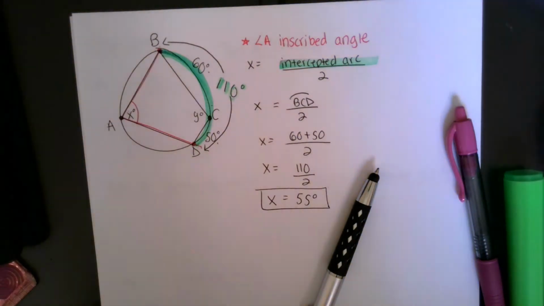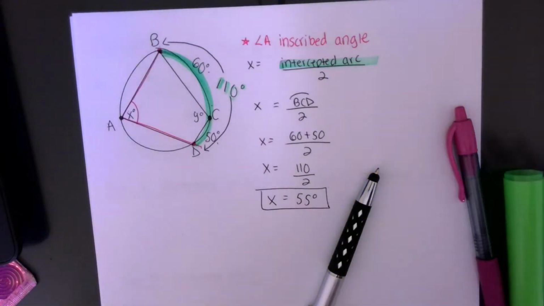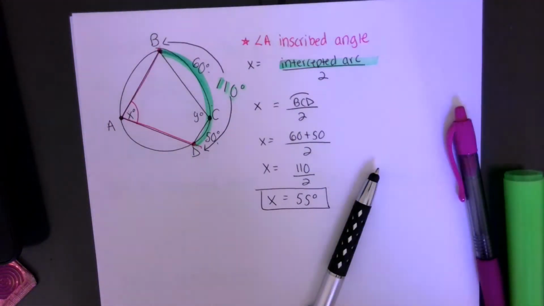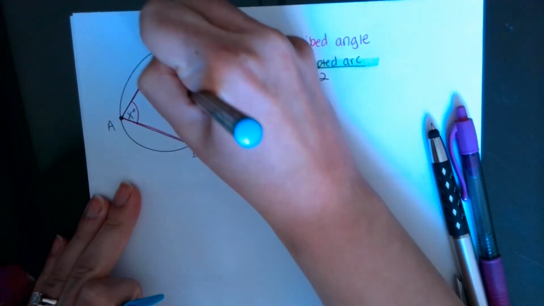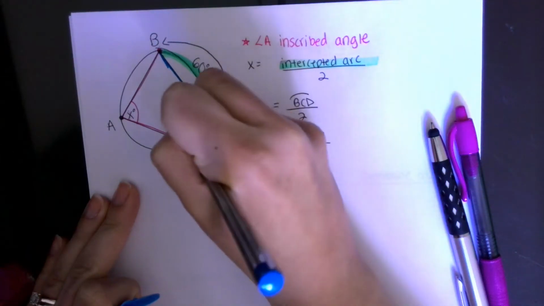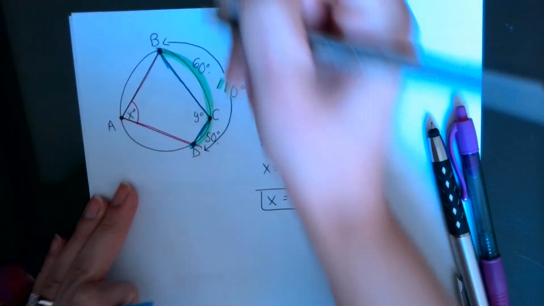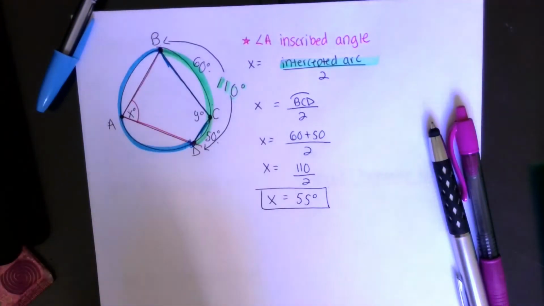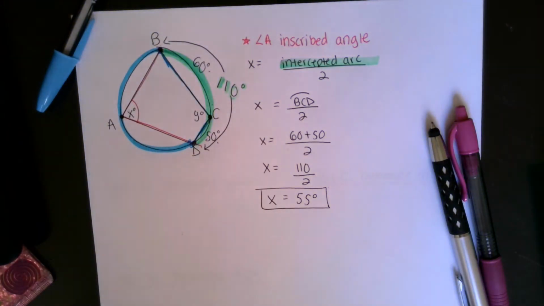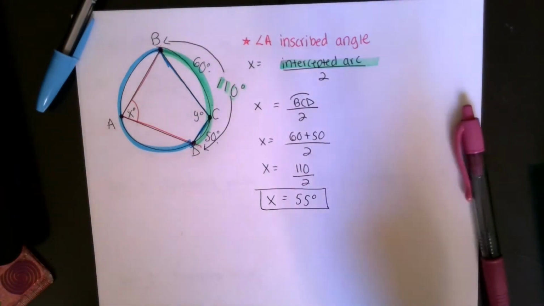Let me use a different color. For angle C, which has Y, the intercepted arc goes from B all the way to D. A whole circle is 360.